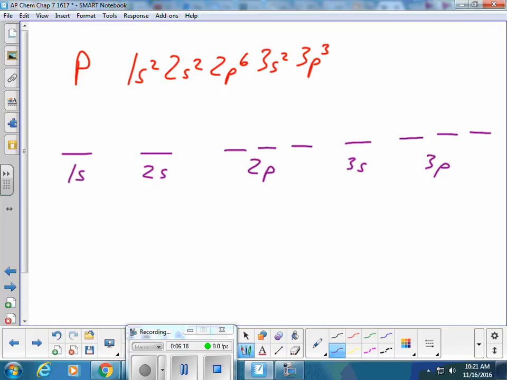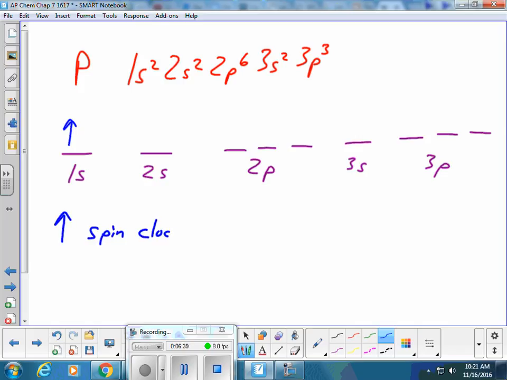So I'm going to put in my first 1s orbital 1 electron with an up arrow. And the up arrow, we say, indicates that the electron has a spin in the clockwise direction. And once again, this is kind of a confusing term.